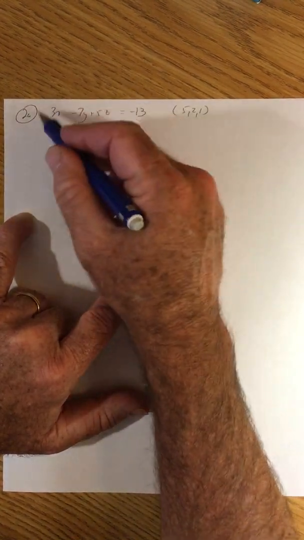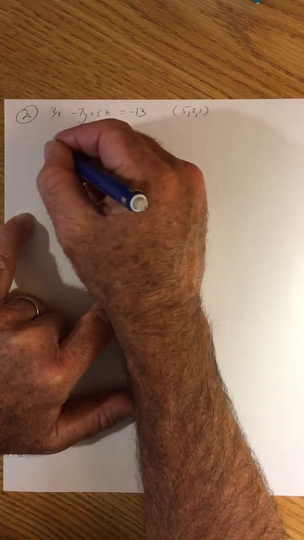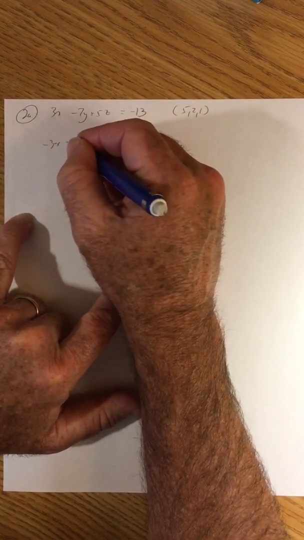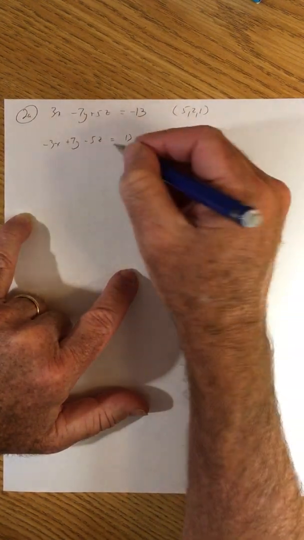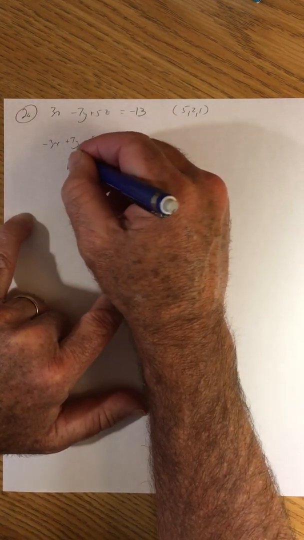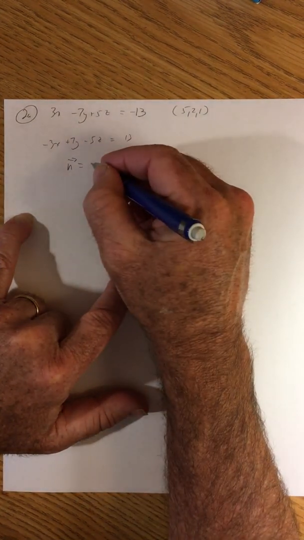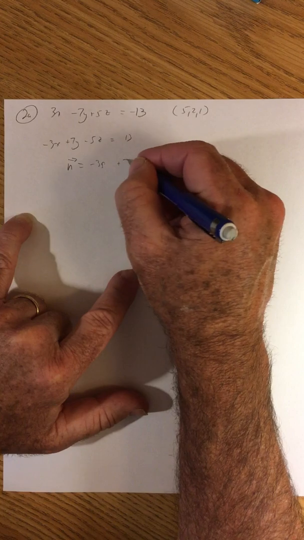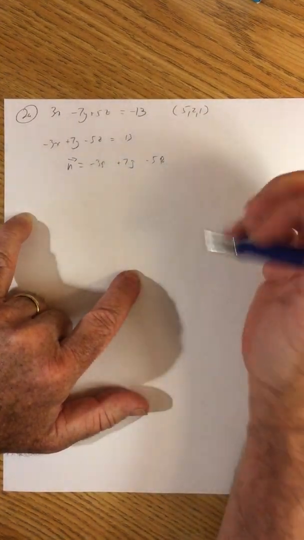Anyhow, this plane has a negative number here, so an identical plane is negative 3x plus 7y minus 5z is equal to positive 13. The positive normal vector is found when that value is positive, so that would be negative 3i plus 7j minus 5k.